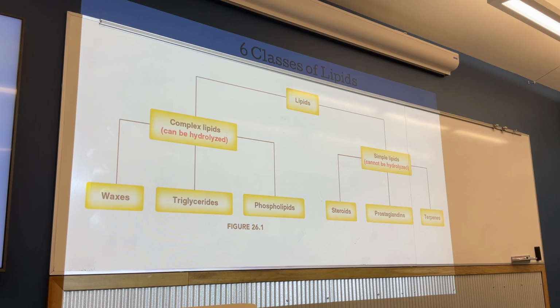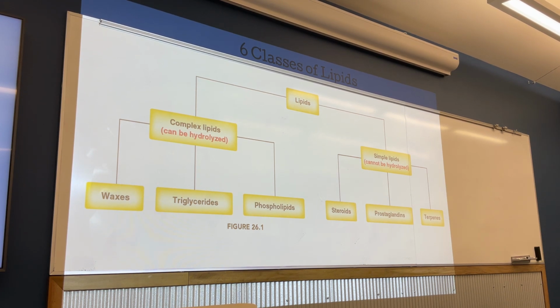So prostaglandin, prostate gland, that's where it gets its name. And then terpenes. Terpenes are predominantly in essential oils. Fragrances, flavorings, things of that nature are going to be terpenes.